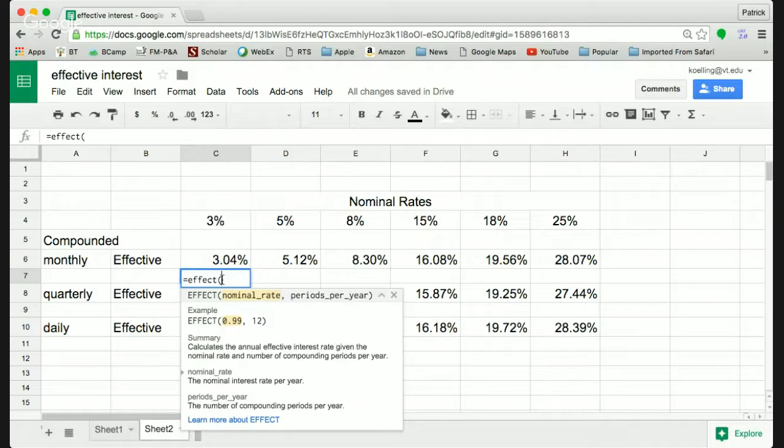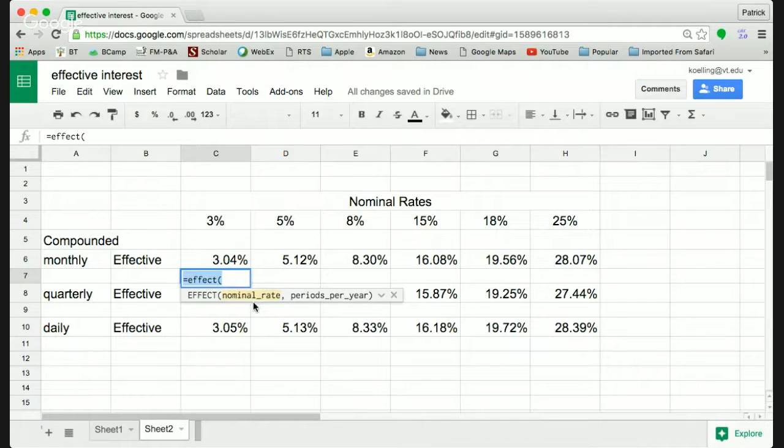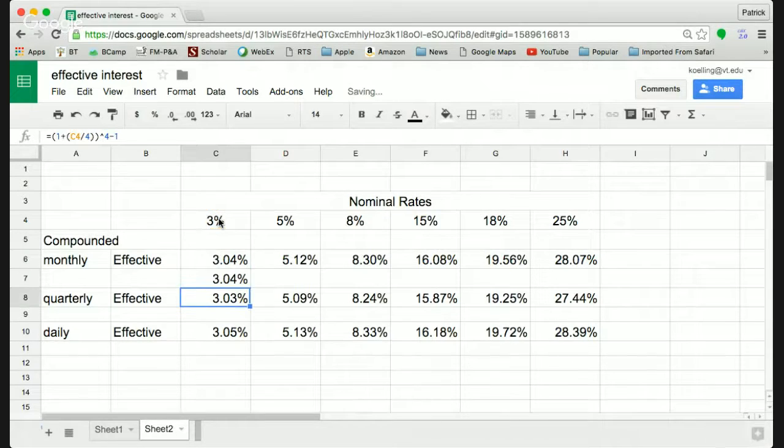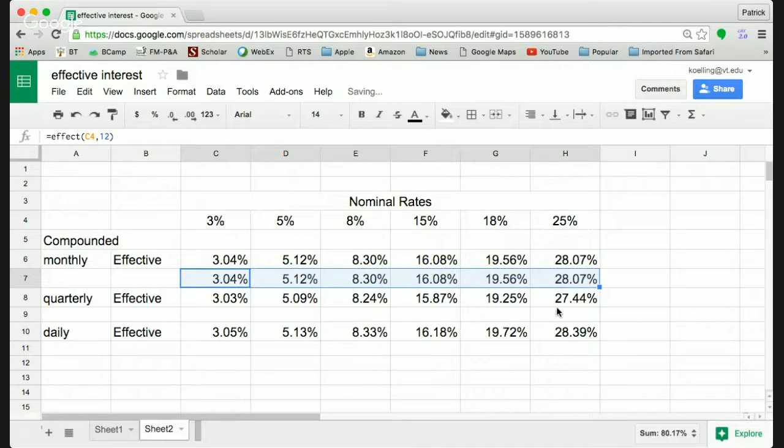So this should be pretty simple to do here. There we go. There's our nominal rate, and the periods per year is 12 if we're compounding monthly. And lo and behold, we get the same answer. And I'll drag this across and we'll get the same answers all the way across.